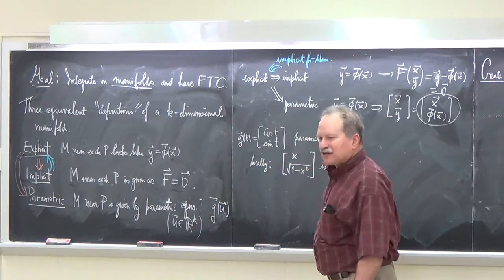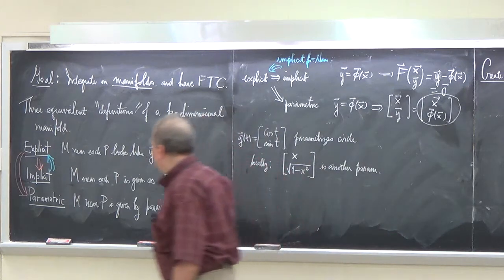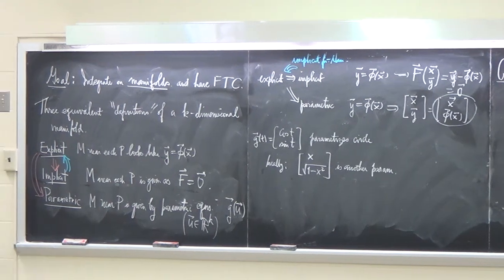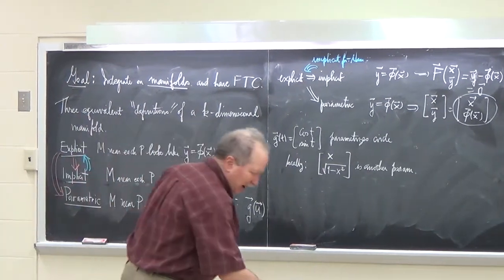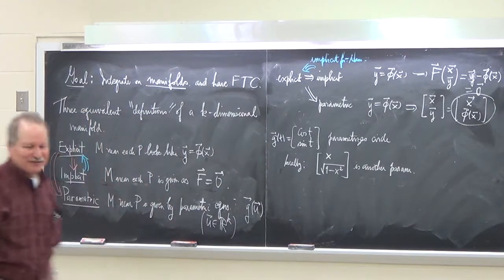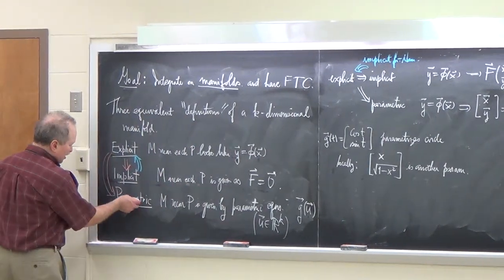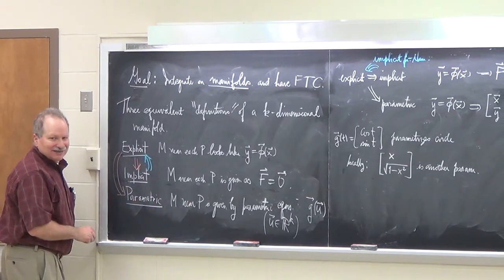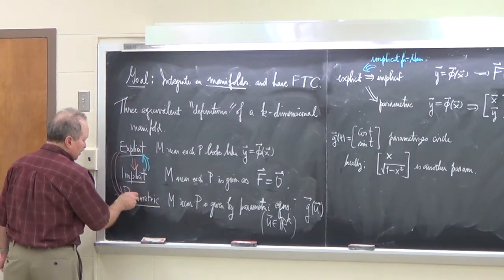So we aren't quite done knowing they're all equivalent, but we're close. What's missing? Parametric, yeah. You have to be able to get from parametric to one of the other two. So you have to either be able to get from parametric to explicit or parametric to implicit. And I'm not going to give you that proof.